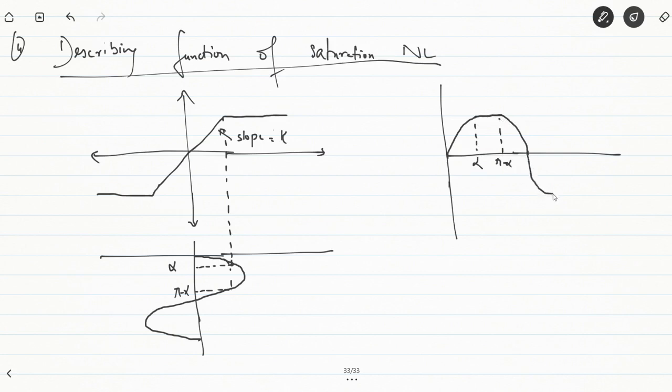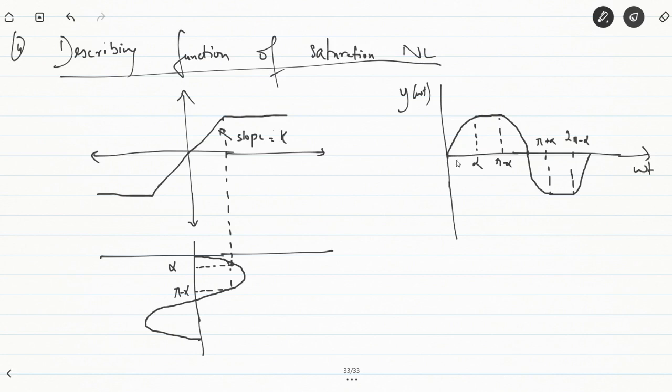This will happen at either end of this axis. So this is pi plus alpha, this is 2 pi minus alpha. So if we apply a sinusoidal input to a saturation, we'll get an output response like this, y of omega t.